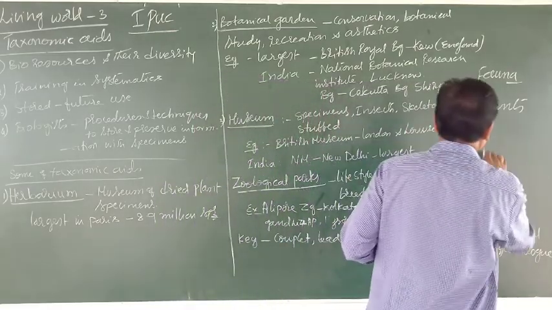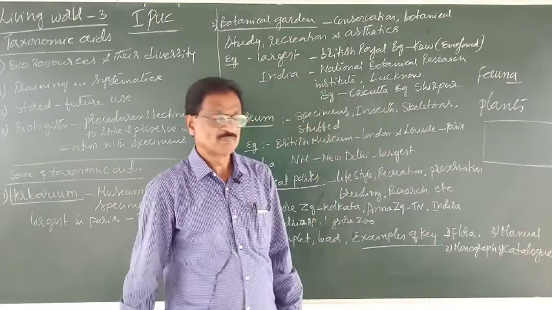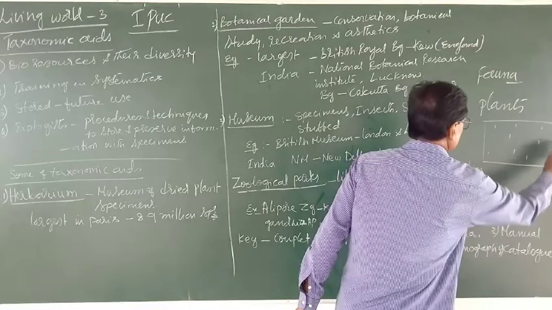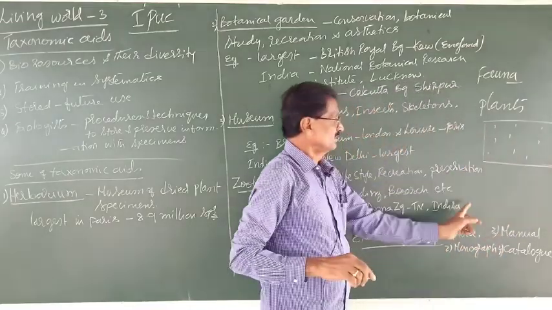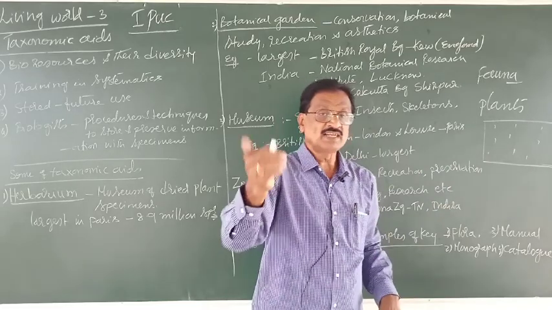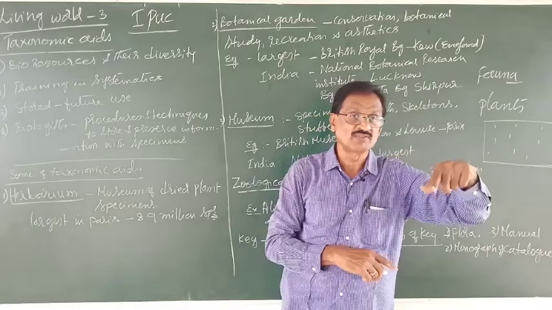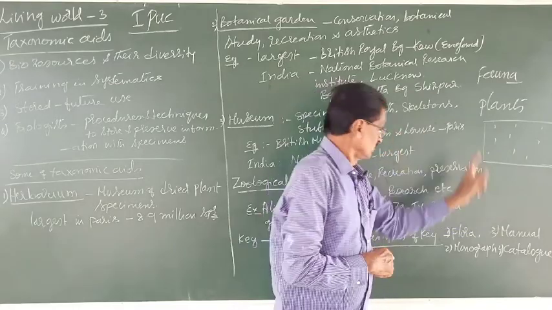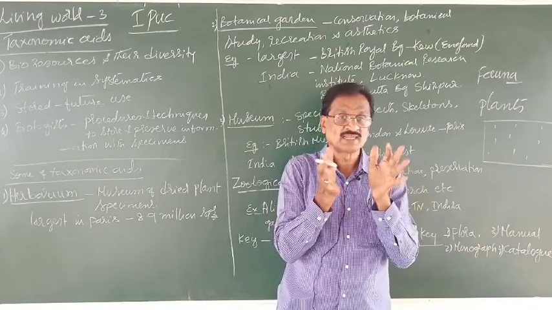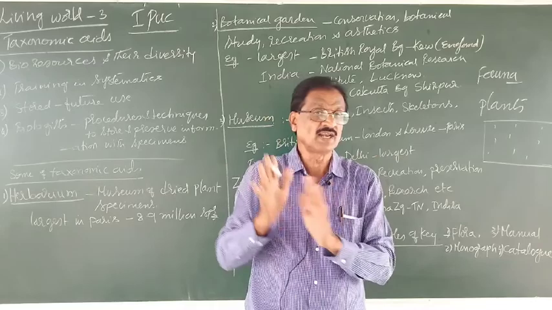For example, this is one geographical area. Whatever plants you find in this area are totally called the flora. If it refers to the animals, then you have to use the word fauna. So flora means the plants found in a defined geographical area.